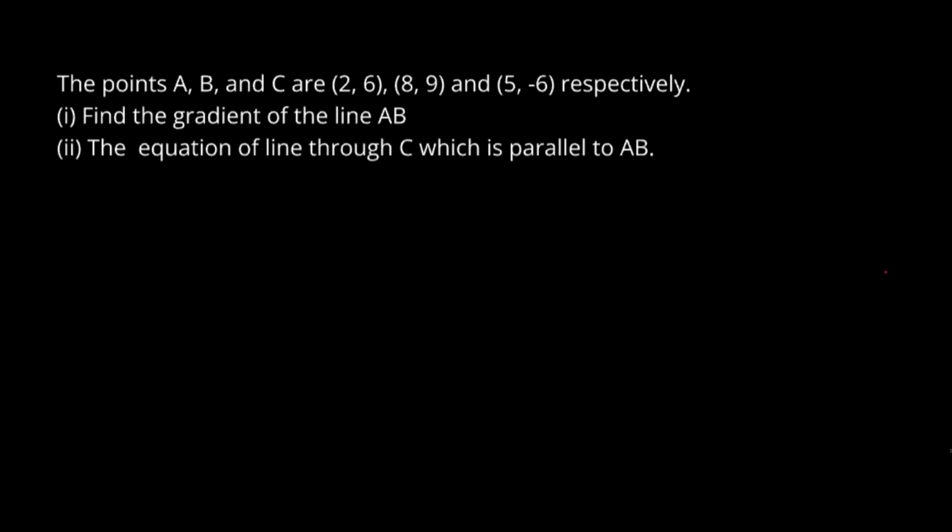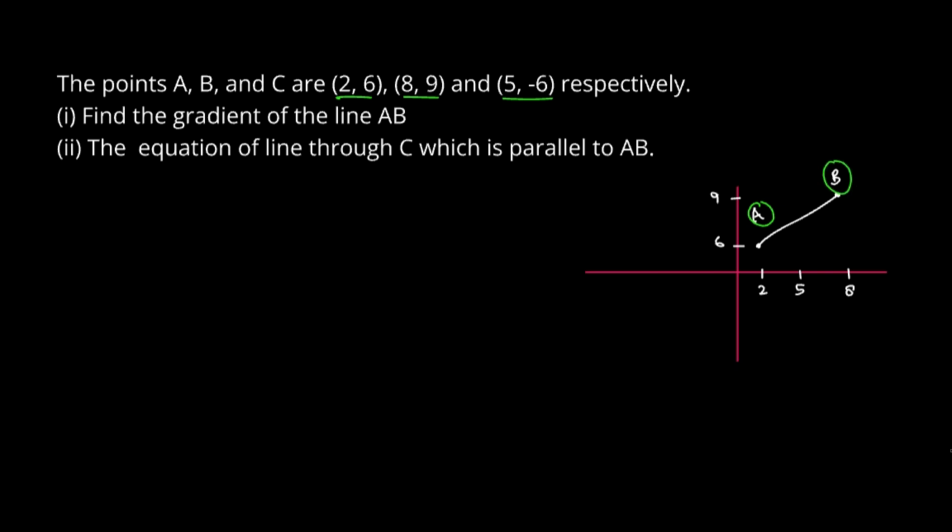Now let's apply all the concepts learned. The points A, B, and C are (2, 6), (8, 9), and (5, -6) respectively. Find the gradient of the line AB. So you have a point (2, 6), that is A, and (8, 9), that is B. So to find the gradient of the line AB, we will use y2 minus y1 divided by x2 minus x1.